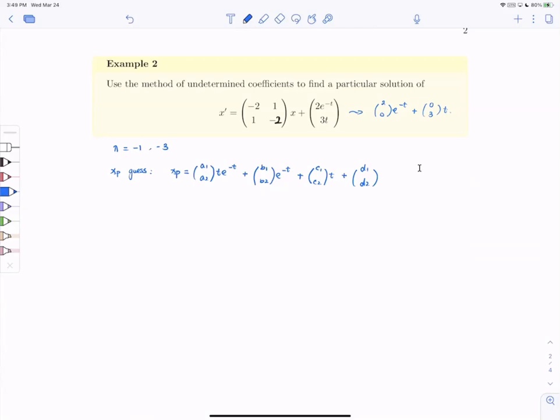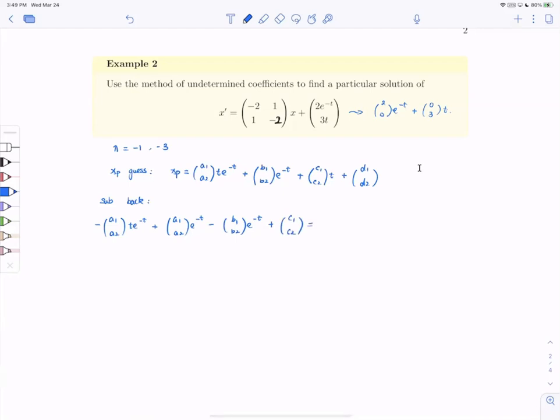Okay, I'll write it down, but we don't care about the computation part, I guess. So this is what I get. T e to the negative t plus a1, a2 e to the negative t minus b1, b2 e to the negative t plus c1, c2.